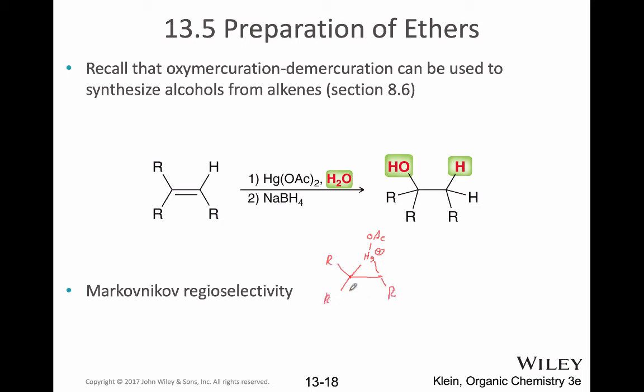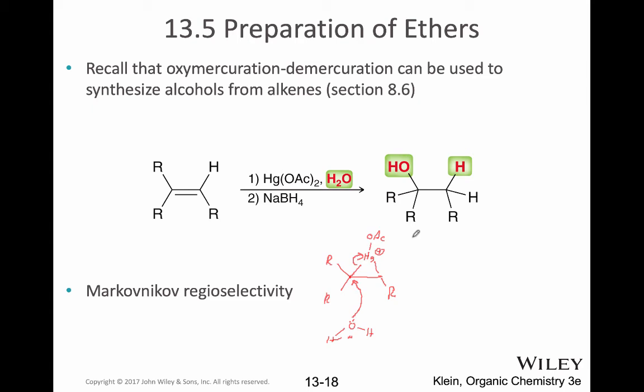And in the next step, the water will open up this mercurinium ion, right? Because this mercury is positive, remember this bond is longer. So this is an SN2 opening, but this bond is actually longer, making this carbon more planar. So you actually attack this carbon and open up the mercurinium ion to give you the Markovnikov addition of water across the double bond. But there are no rearrangements in this reaction.